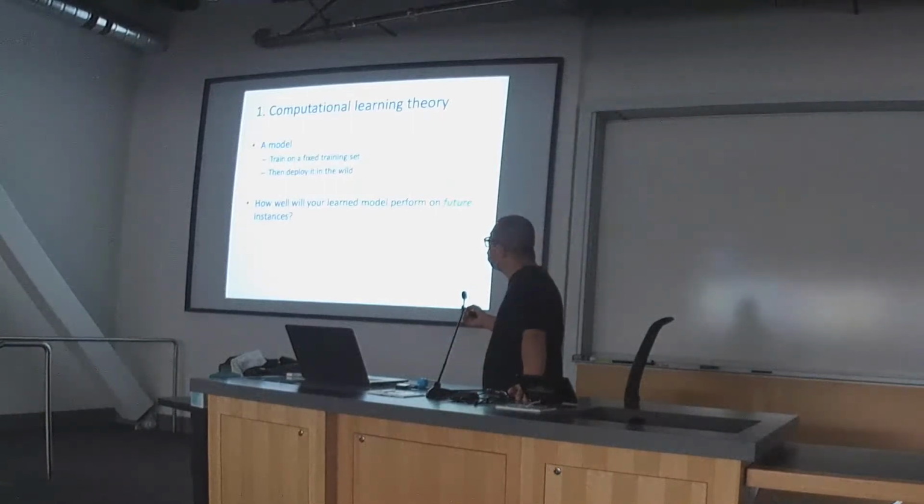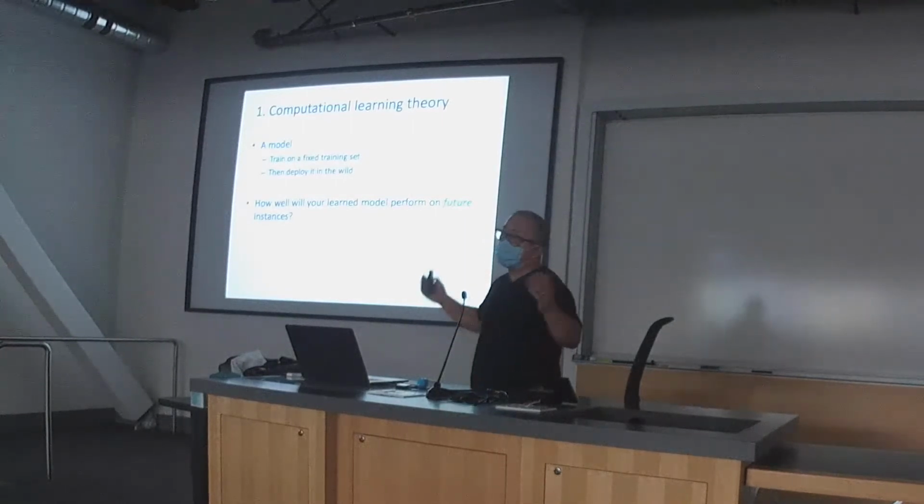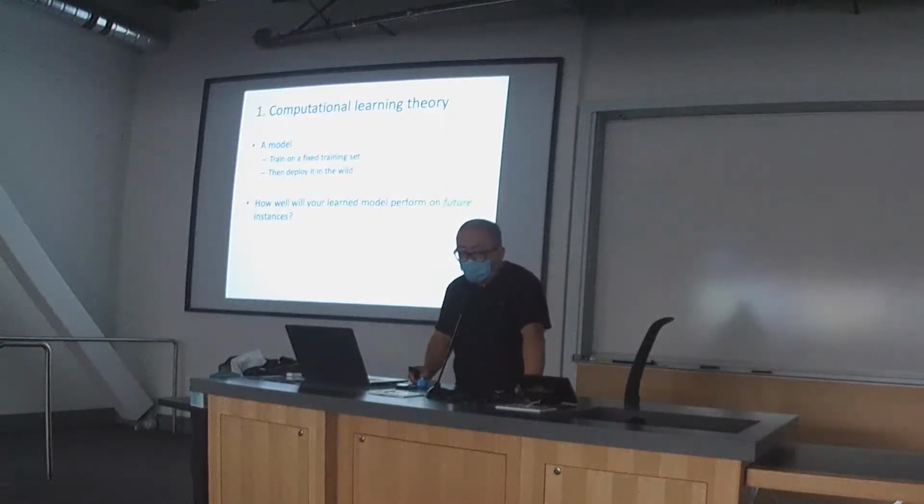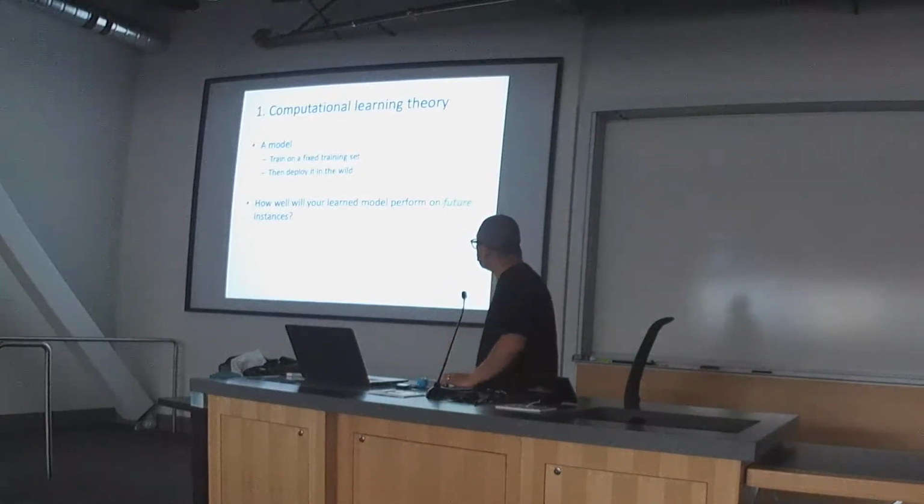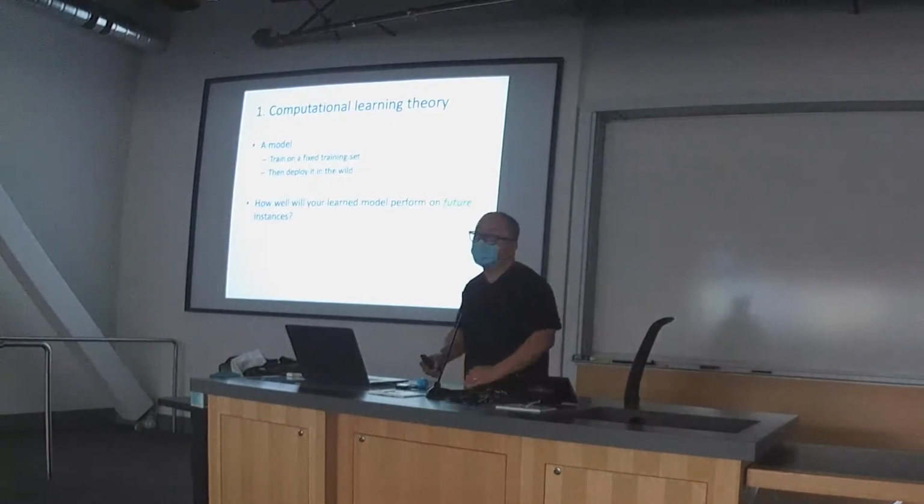And we are going to deploy our model in the wild, meaning that I can collect whatever future examples to test. Then the key question that computational learning theory wants to answer is: how well will your learned model perform on future instances?